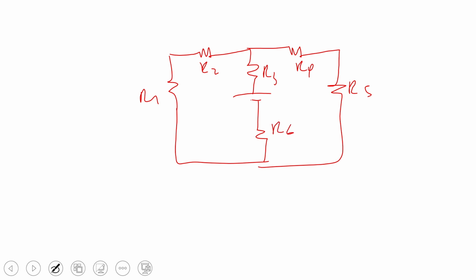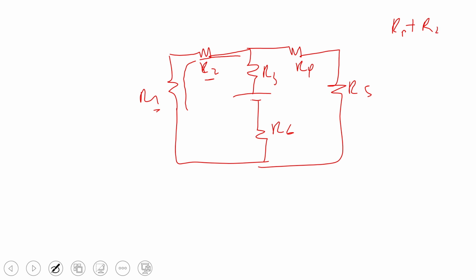Now, which of them can you see are in series? First, let's look at R1 and R2 to check if they are in series. You can see that the same current that passes through R1 will pass through R2. Don't worry about where the current is coming from. All that you are trying to see is whether the current that passed through R1 is the same one that passed through R2. Then you see R1 and R2 are in series.